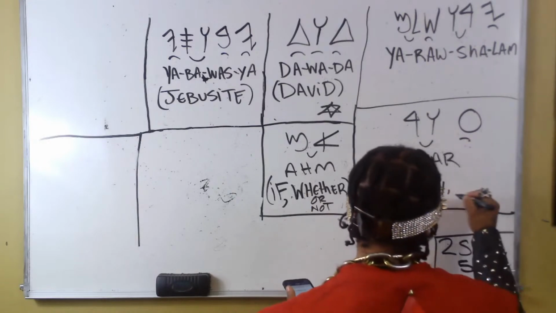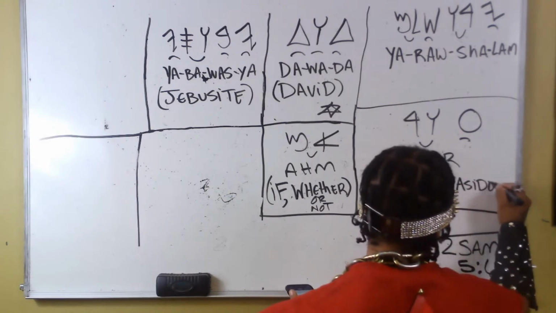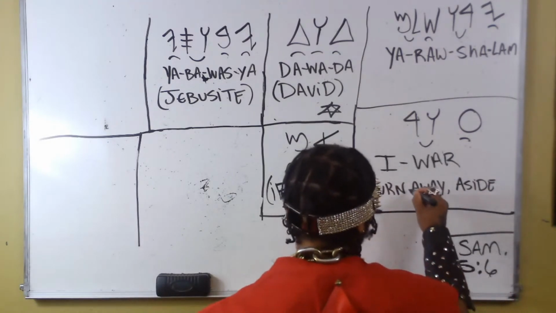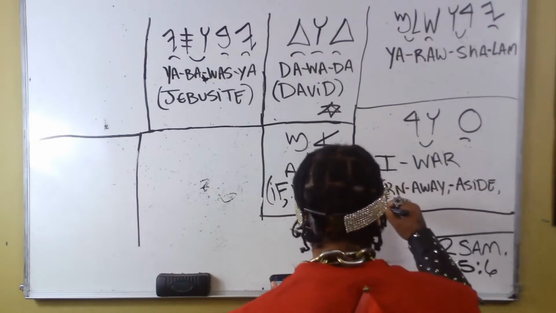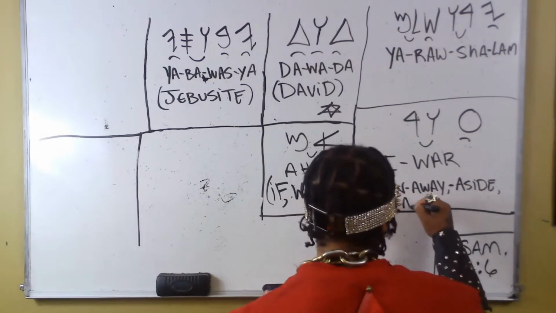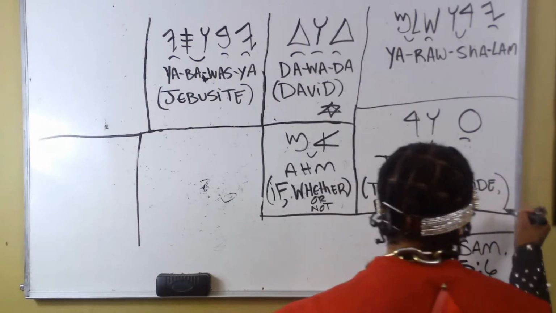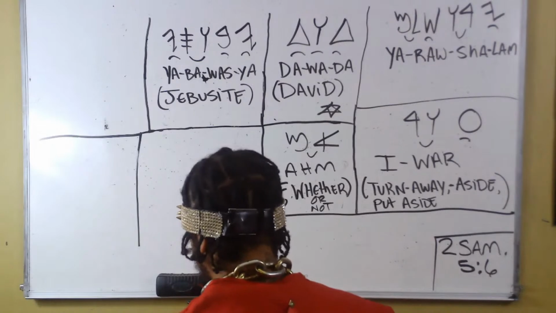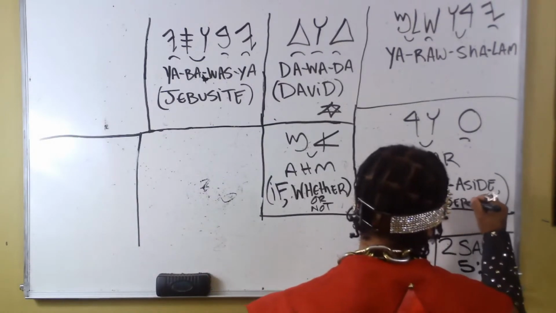Right? So turn away, turn aside, to put aside. That means all these different things. I can put depart from too.